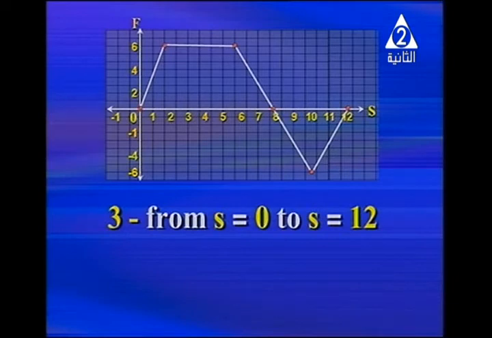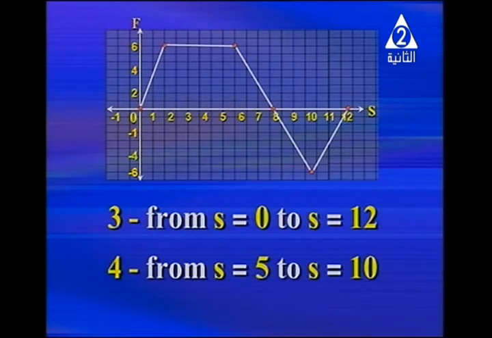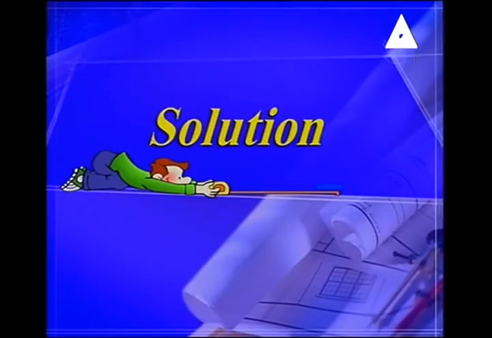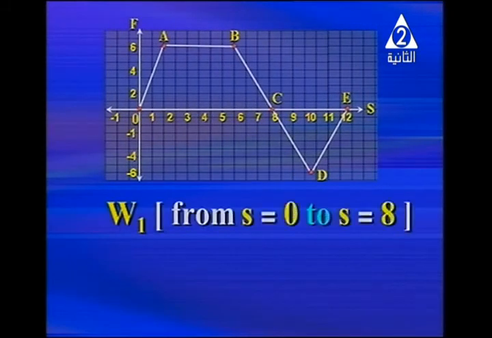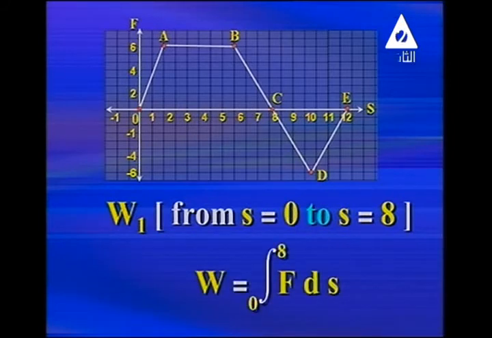Number 3, from S equals 0 to S equals 12. Number 4, from S equals 5 to S equals 10. Solution.